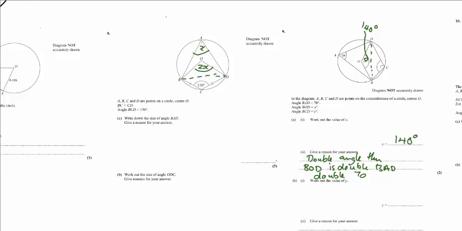Now, can you see, again, A, B, C, D. This one, not this one. Not the inside one, because this one's not on the edge. So this one is not going to have the opposite angles adding to 180. However, this one is a four-sided shape with all the points on the edge.